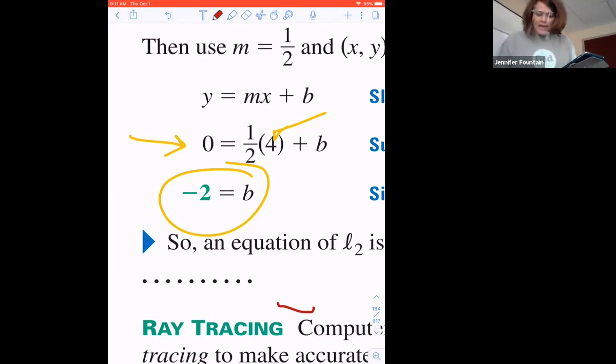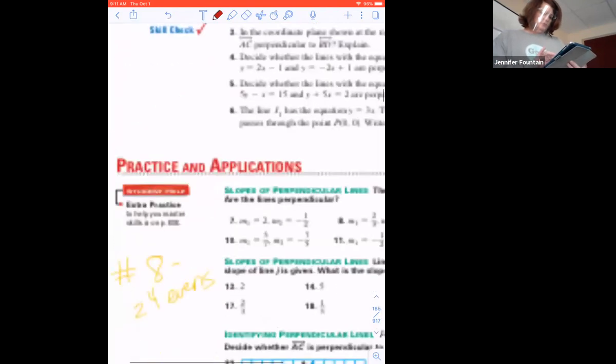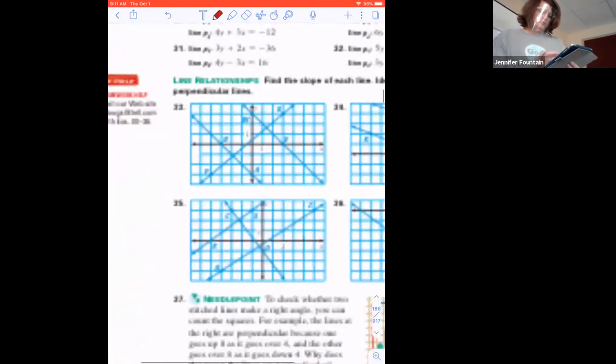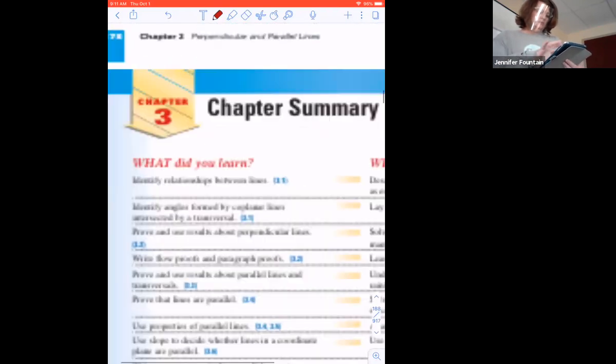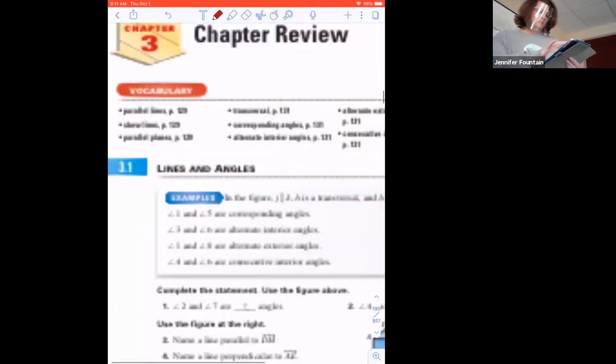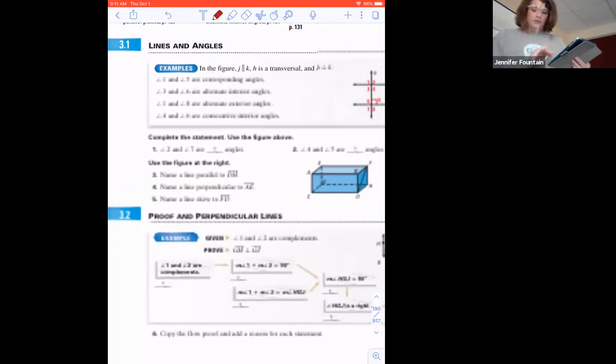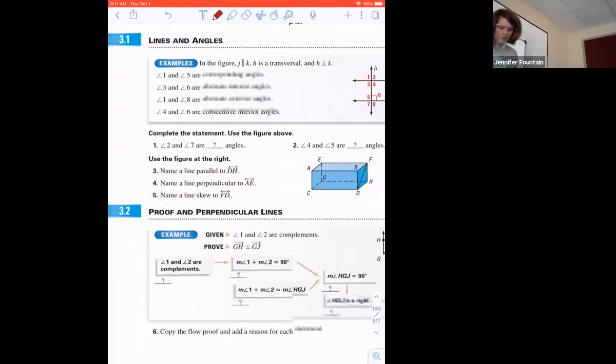And then page 180, starting with the chapter review. You can see 3.1, 3.2, 3.3, 3.4, 3.5. They have given us different sections and different questions to answer, okay?